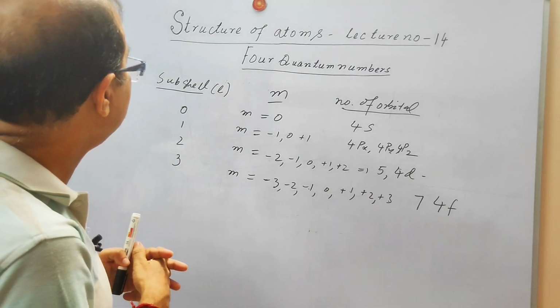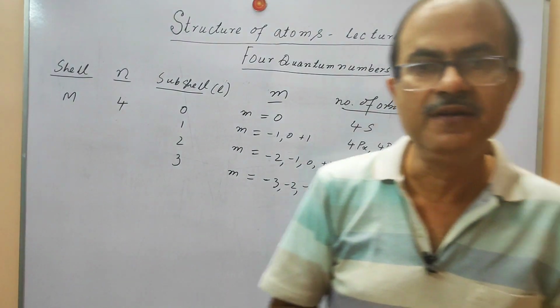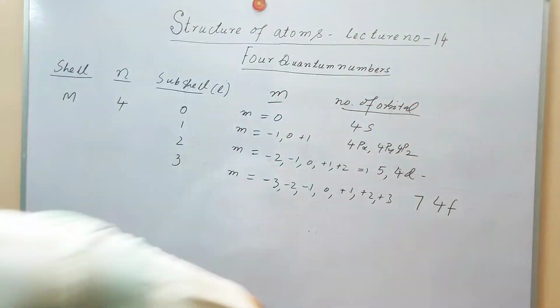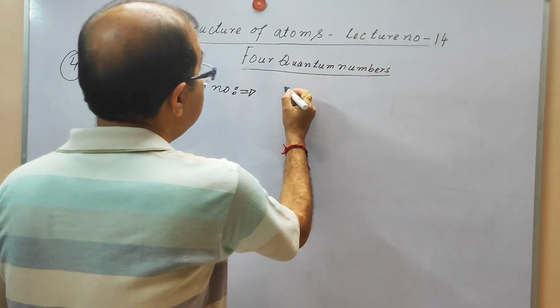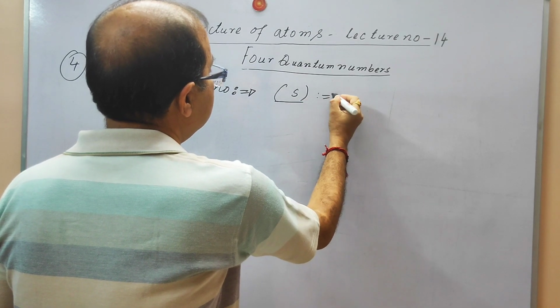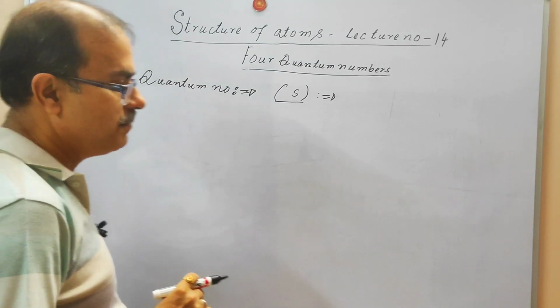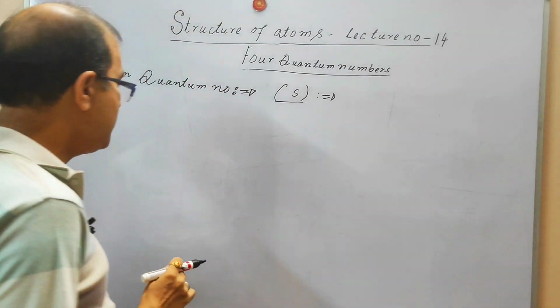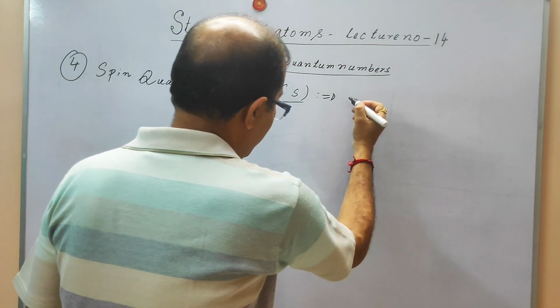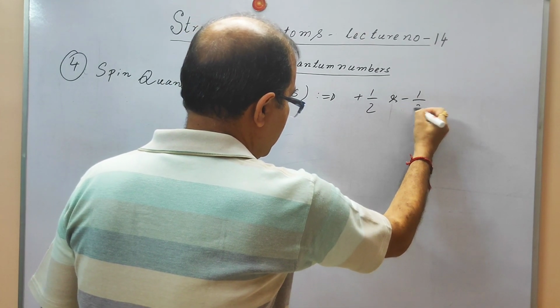Okay, I think that is clear to you. The next quantum number that we are going to discuss is the spin quantum number. The spin quantum number is represented by s, and it signifies that the electron has spin. It can take the value of +1/2 and -1/2.